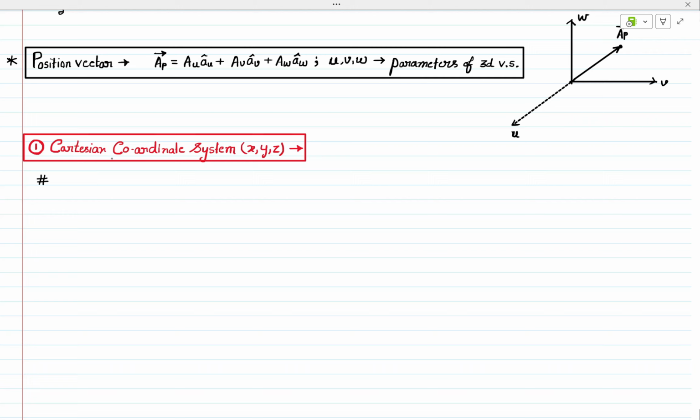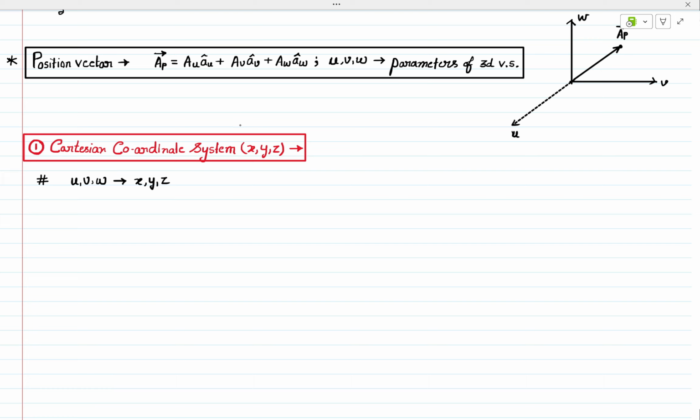It is standardized. So the standardized U, V and W is now x, y and z. Okay. So that is the first point. That's why the Cartesian coordinate system is also called the XYZ coordinate system.